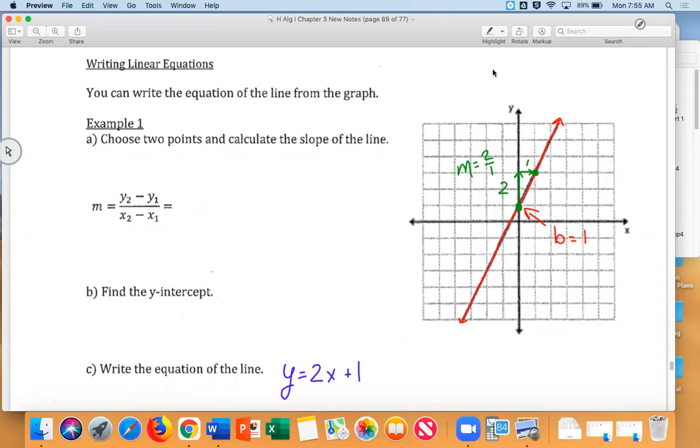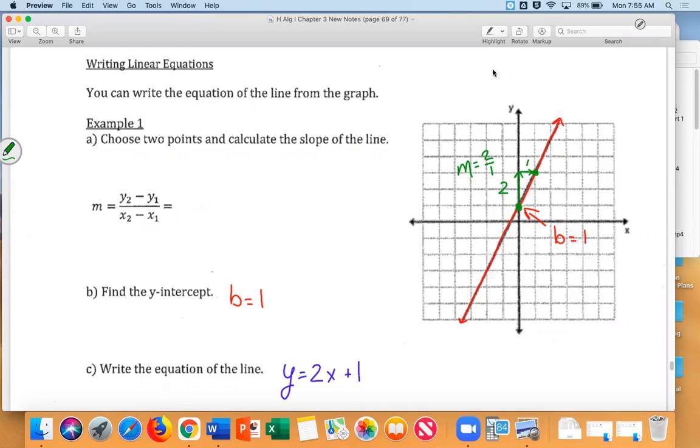Well, my y-intercept was easily identifiable from my graph. That was b equals 1, okay? Identified from the graph.